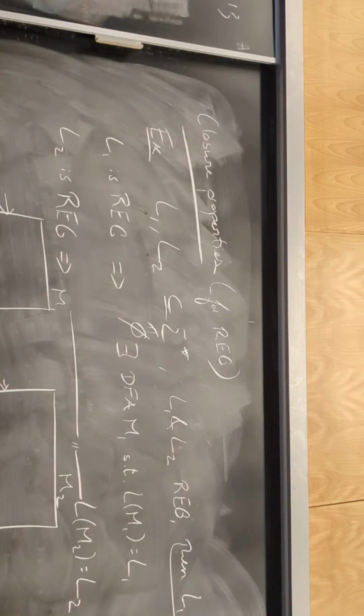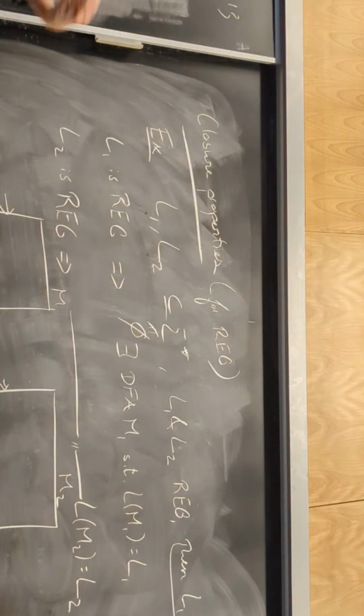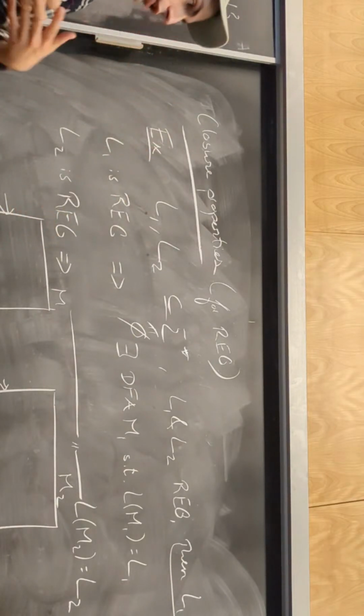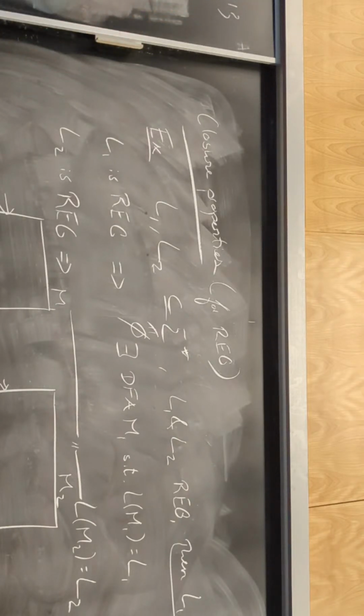Okay? So the trick in all of these closure property proofs is you want to somehow use the machines that you started with to build a probably larger machine M prime that accepts the resulting operation of the languages. Okay?